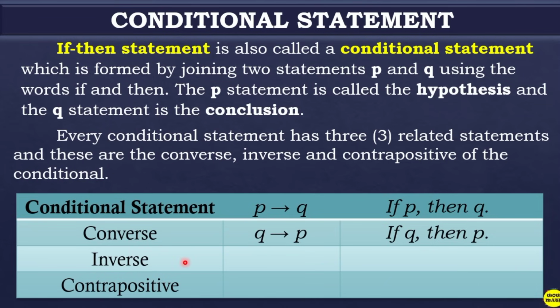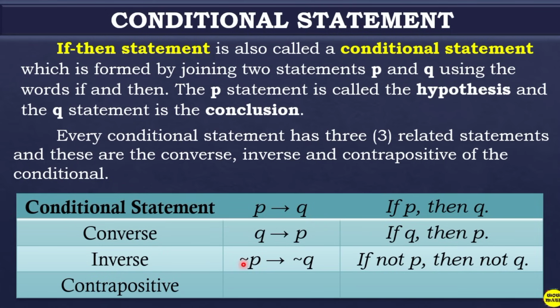And then next, let's proceed to the inverse. Ang inverse naman natin, this is where we are negating. Ginagawa nating negative yung ating hypothesis and conclusion. So, from your conditional statement, ang inverse po ay gagawin po nating if not P, then not Q. So, negation.